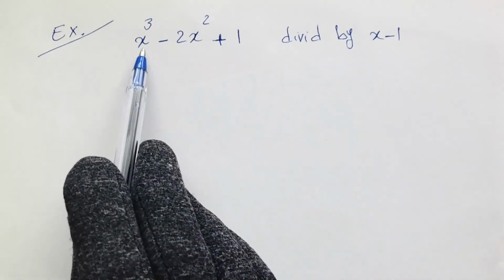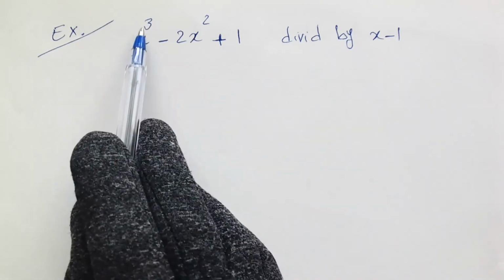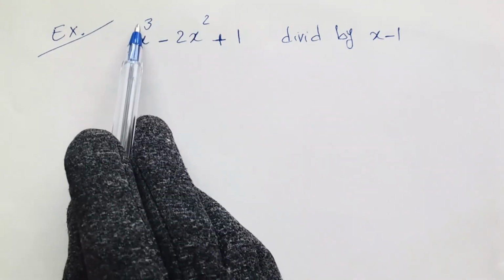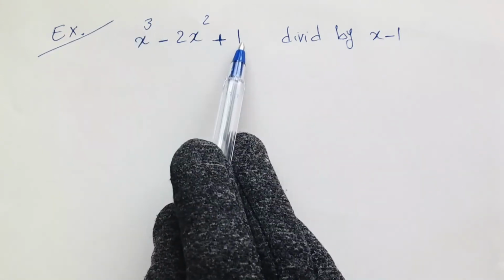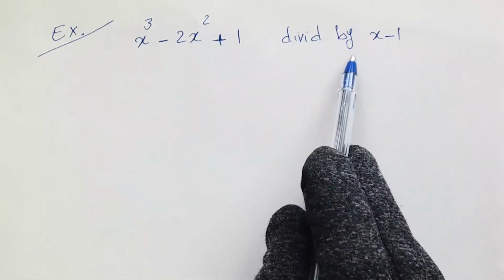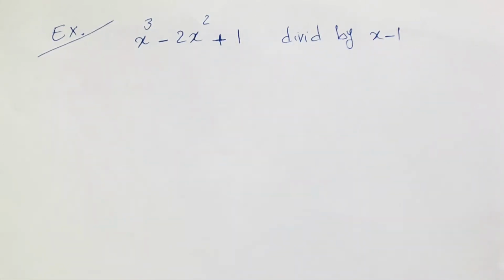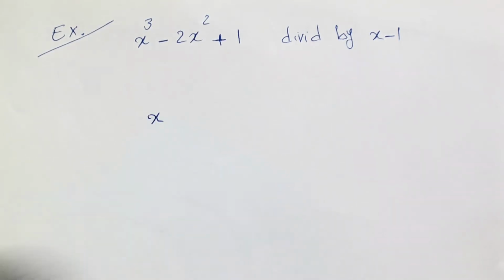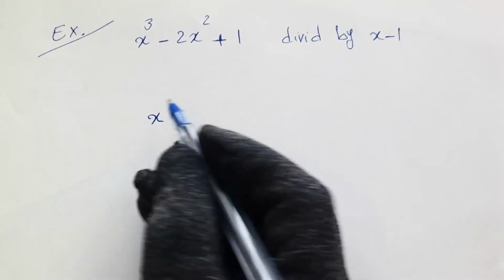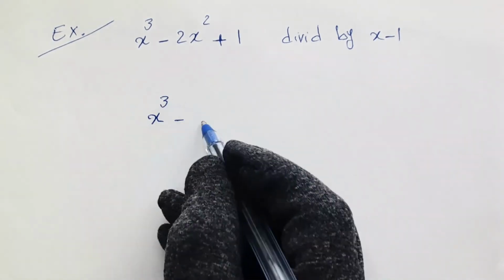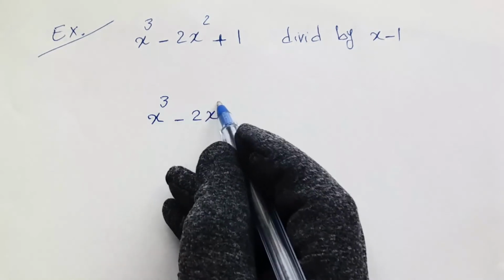Please pay attention, always the power of x in each polynomial must be from the highest to the lowest, for dividend and divisor both. Now, to divide, first we start writing the dividend, writing all terms: x cubed minus 2x squared.